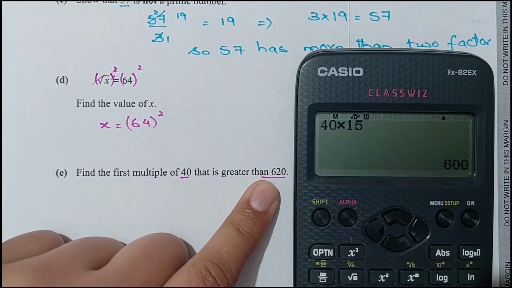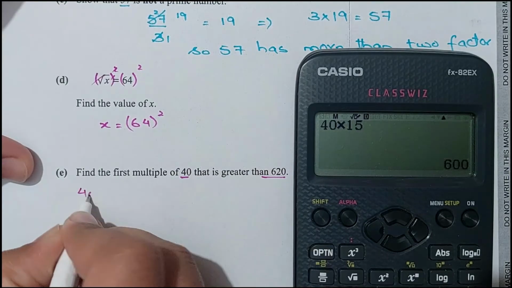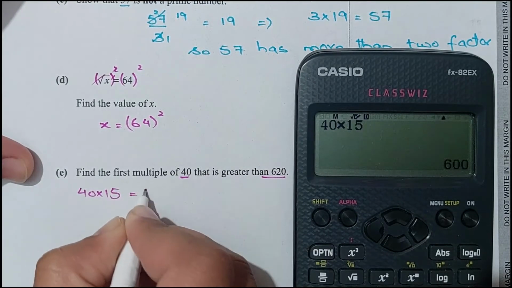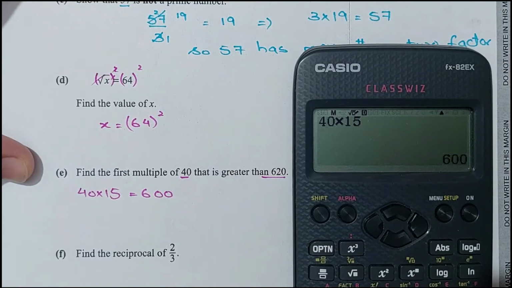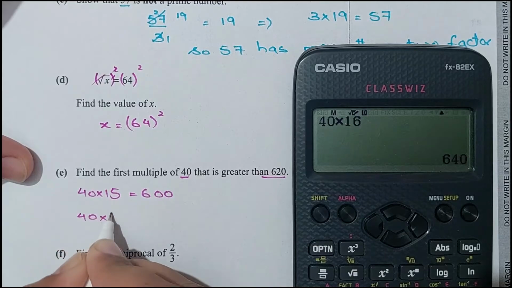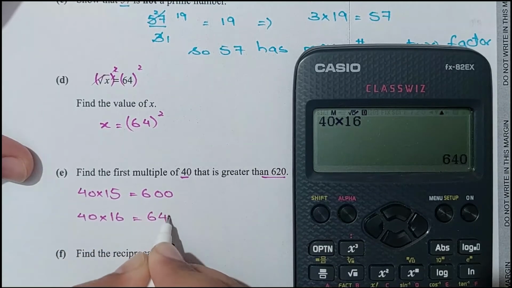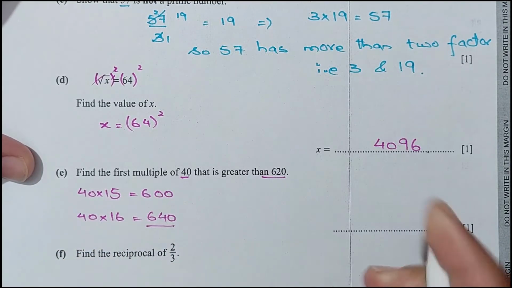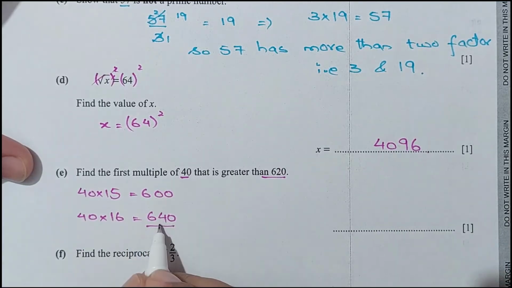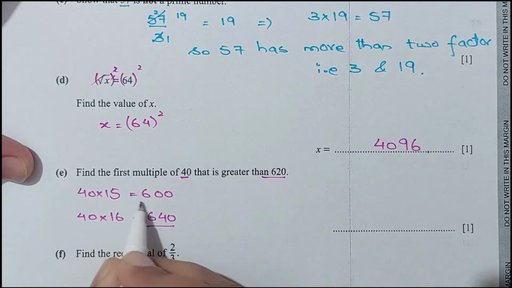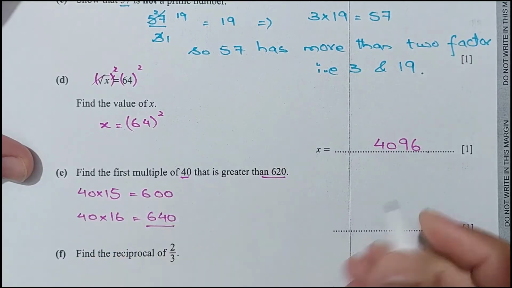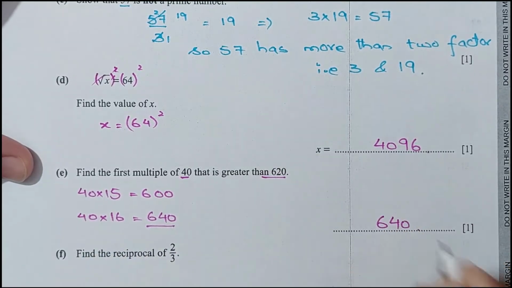It's closer, yes. We have to pick the one which is greater than 620. 40 times 16 is 640. Yes, this is the first multiple of 40 which is more than 620. 40 times 15 is 600, which is lower, so the answer is 640.